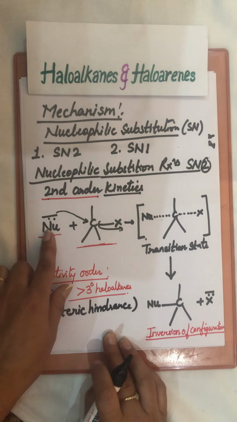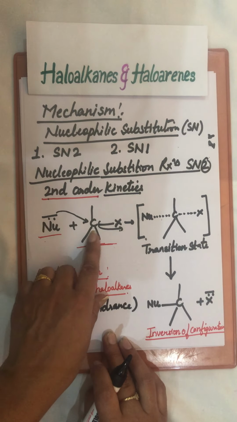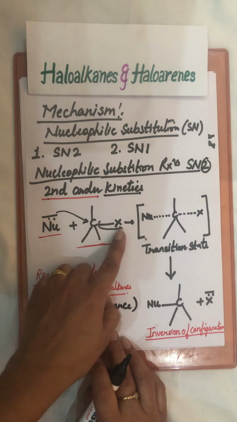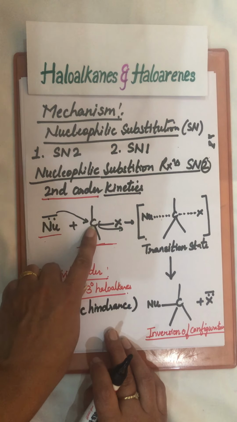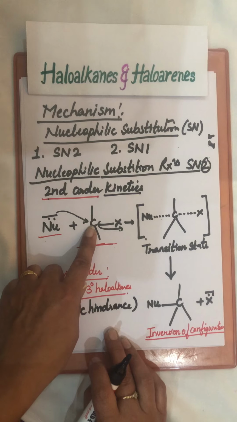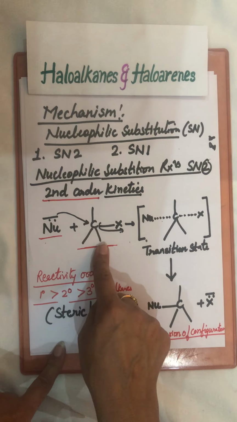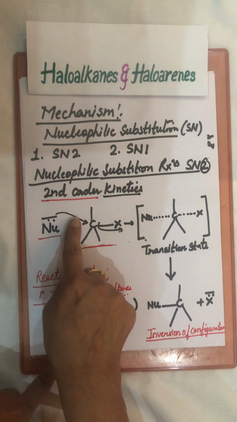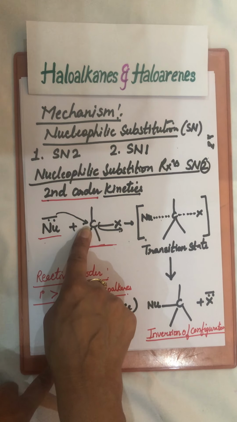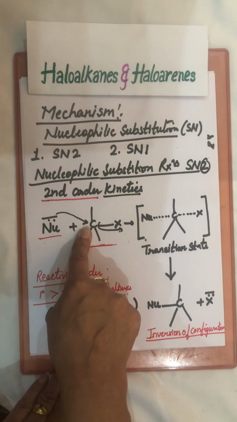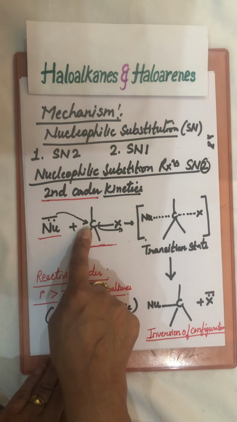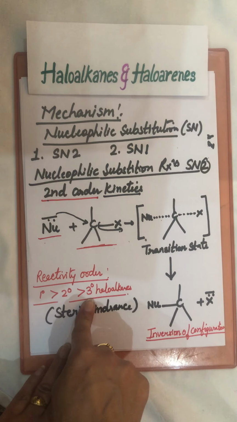As in the same step, the nucleophile is attacking and the halide is leaving. So the nucleophile needs space here to attack this carbon. So if this haloalkane is tertiary, the bulky groups are attached here. The nucleophile is not getting the space to enter and attack this carbon. So in case of tertiary haloalkanes, the steric hindrance is more, so its reactivity is the least.